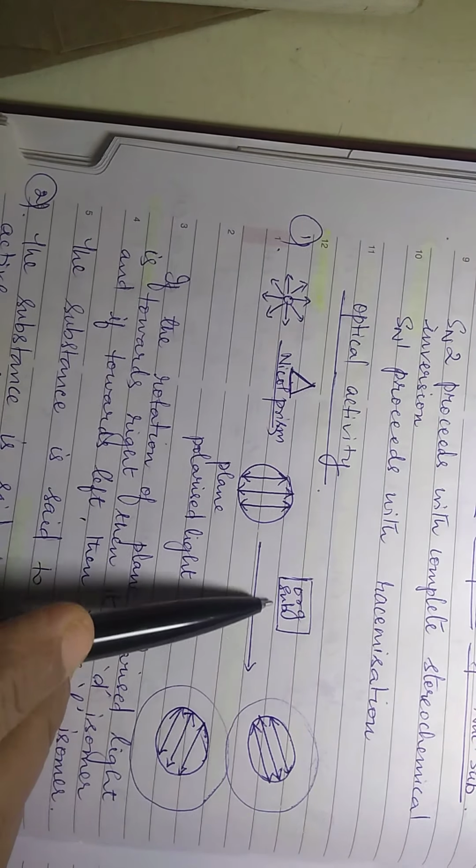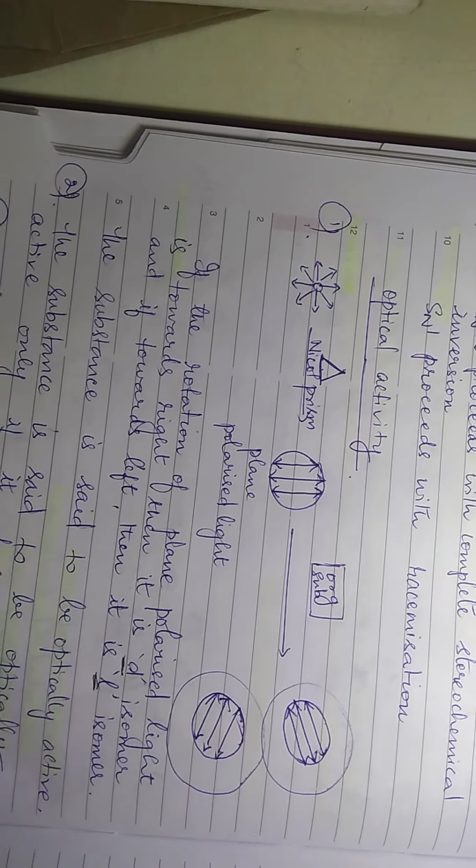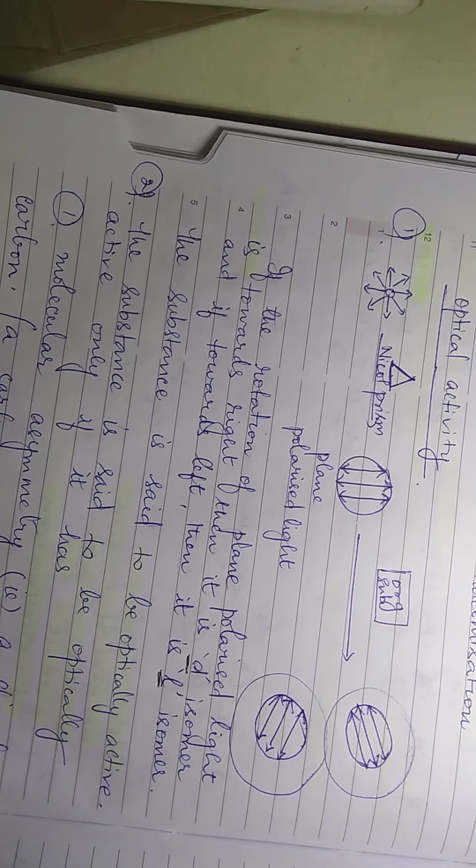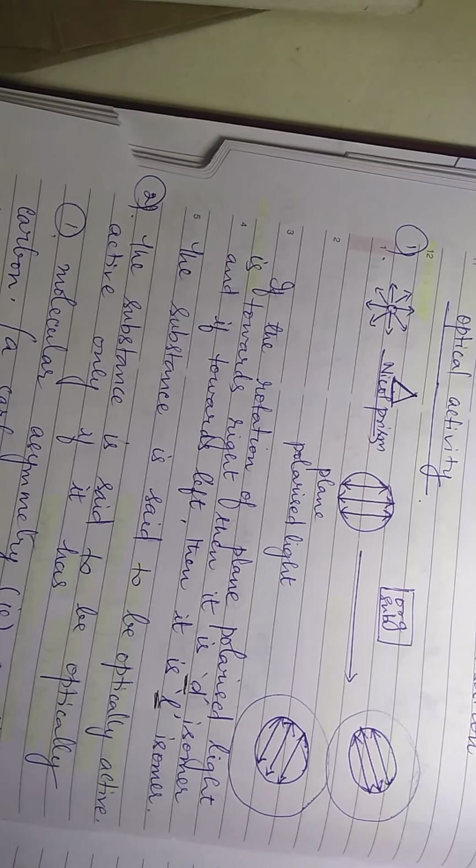If it is rotating it towards the right, then this substance is said to be D isomer, and if it is turning towards the left, then it is called L isomer. Levorotatory, dextrorotatory you call it, and the substance is said to be optically active.